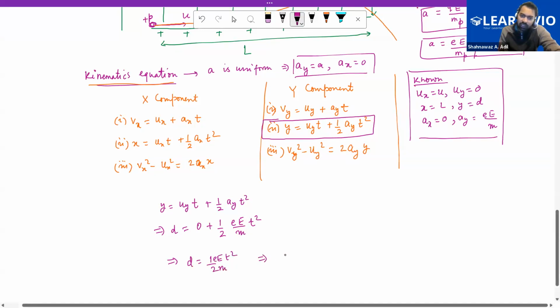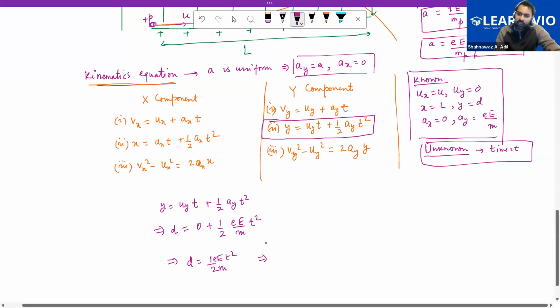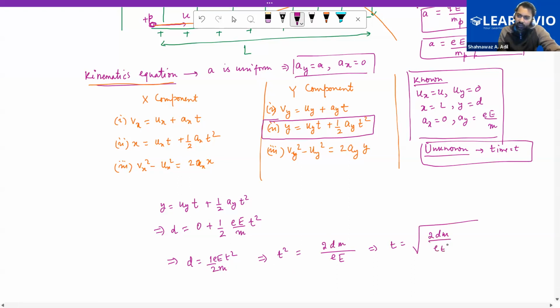The unknown that we have to calculate is time. So t square is 2dm divided by eE, so t would be simply under root of 2dm by eE.